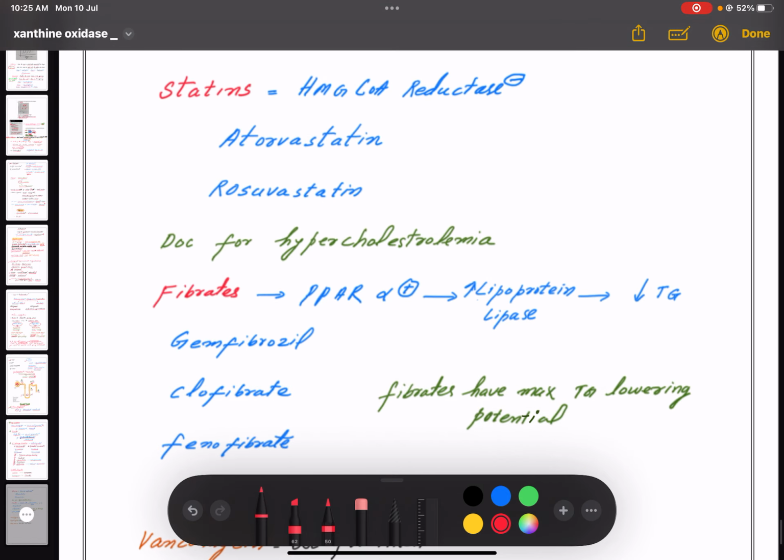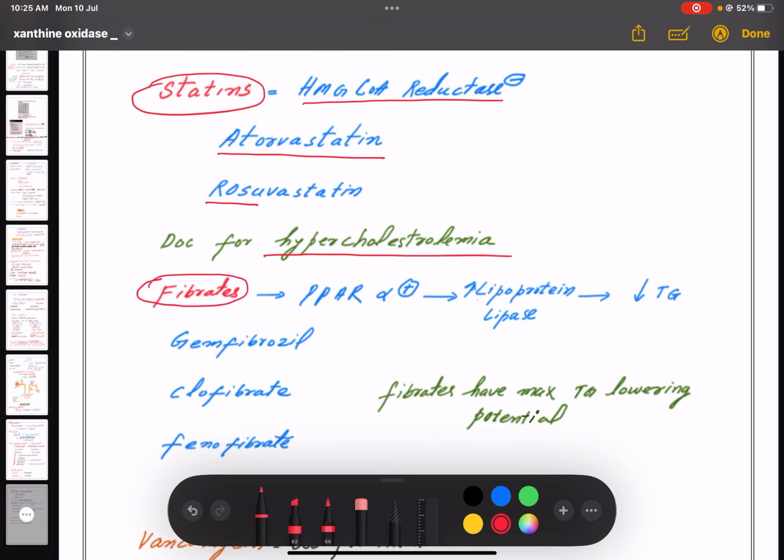Now we have another group of drugs known as statins. Statins are HMG CoA reductase inhibitors. They include atorvastatin or rosuvastatin. They are drug of choice for hypercholesterolemia. Then we have another group of drugs known as fibrates. They are PPAR alpha agonists.